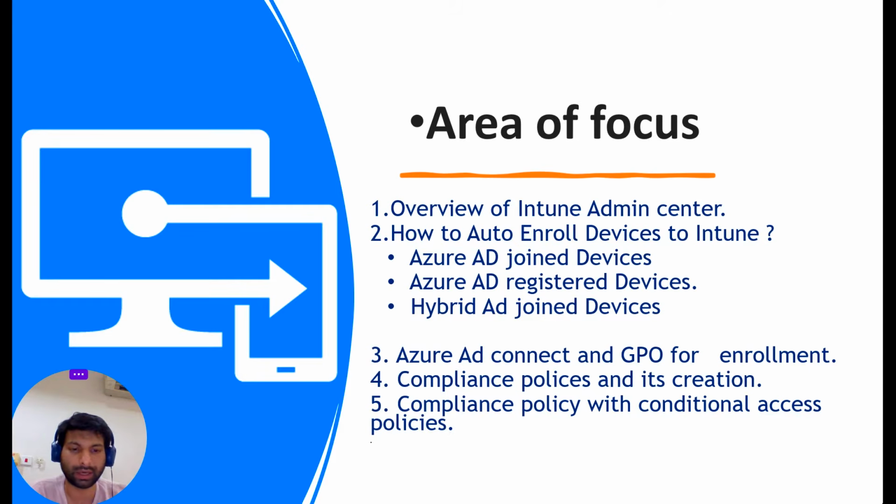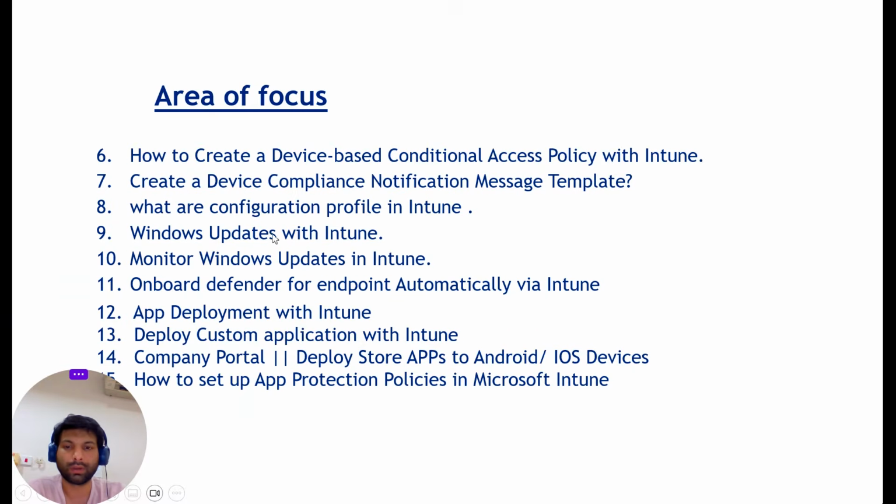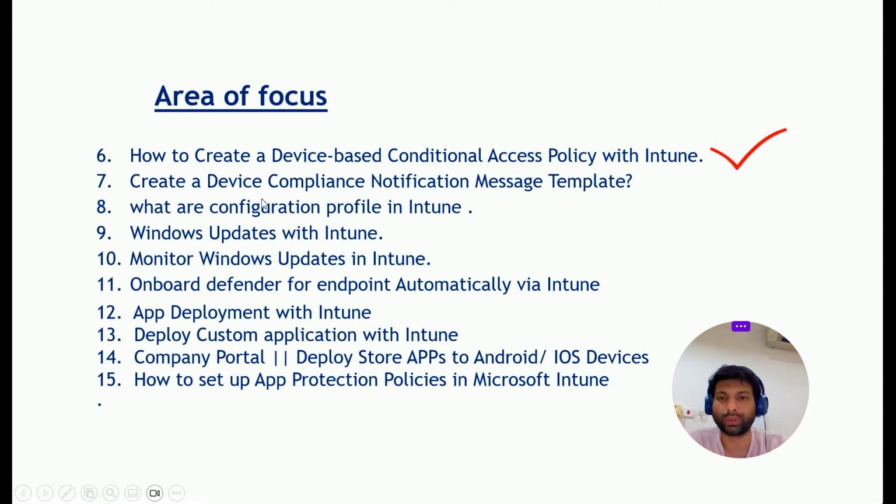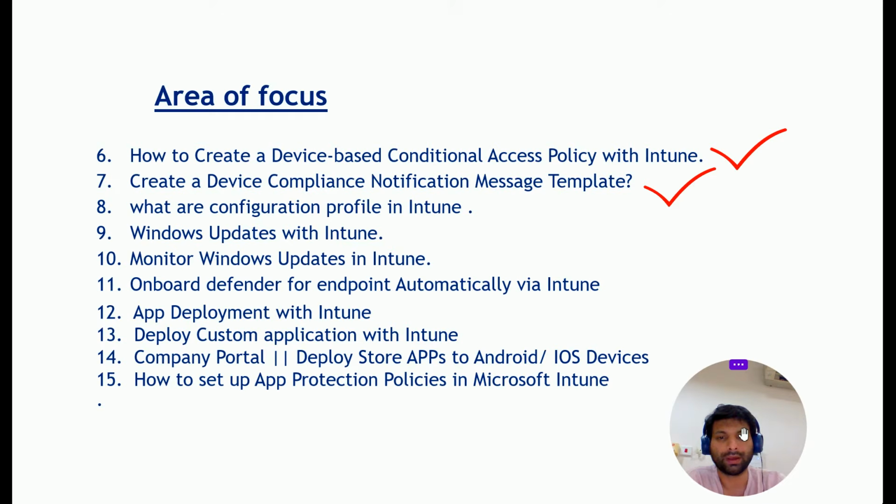We learned its theory and its hands-on, and how compliance policy works along with conditional access policy. And we have seen how to create the device-based conditional access policy with Intune, device compliance notification message template. How will our compliance notification email look like? So till the seventh point we have covered it.